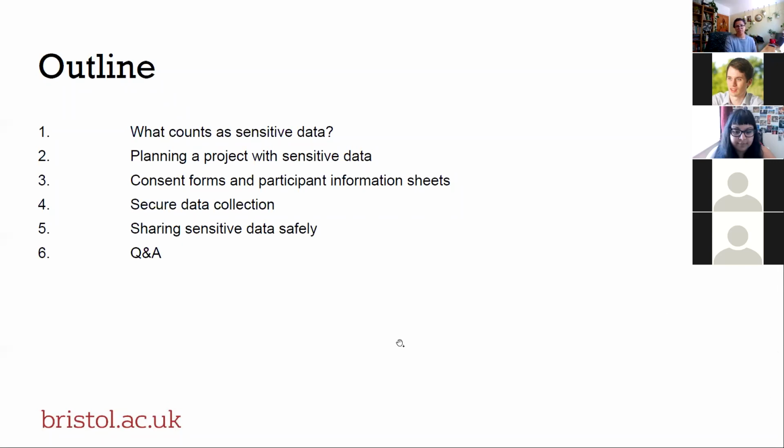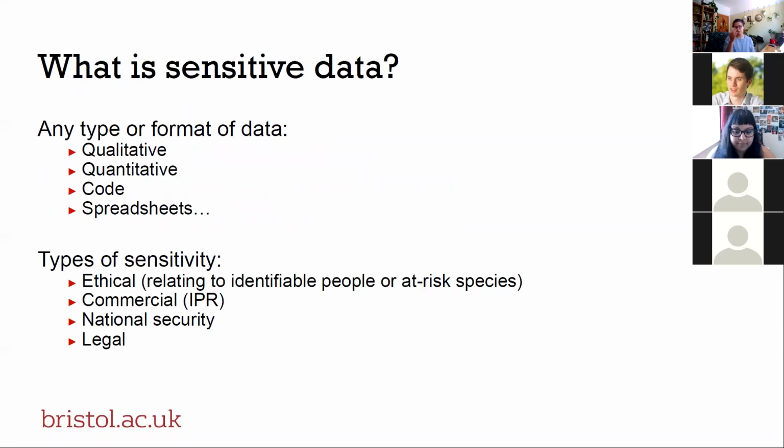Okay, so firstly, what do we mean by sensitive data? So the first thing to bear in mind is that any type of data can potentially be sensitive. So qualitative: interviews, videos, photos, this kind of thing. Quantitative, so numbers about people.